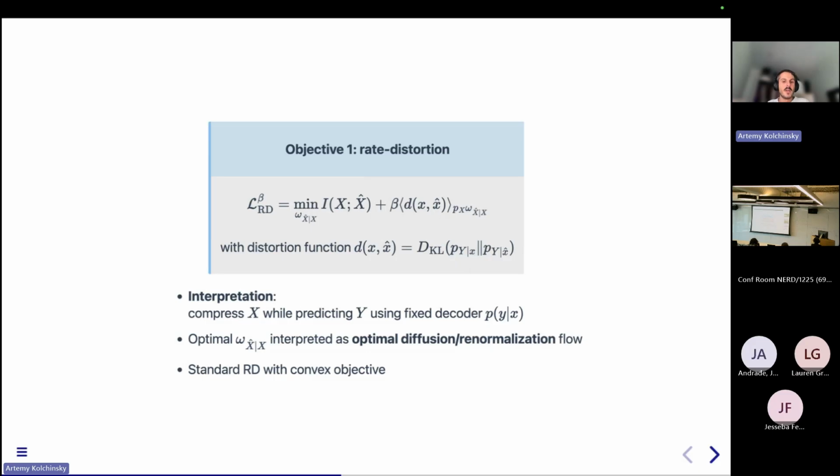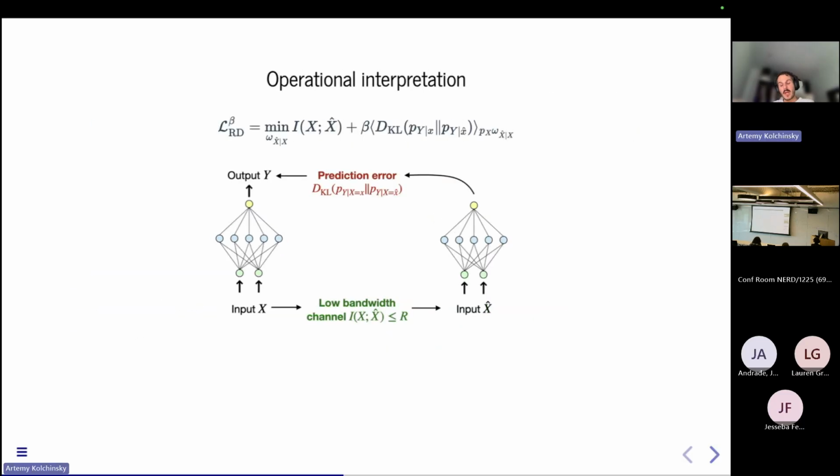So maybe the optimal way to do this will have to be informed by some kind of operational setting about how we're thinking about the prediction. And let me give you one way to think about this operational setting: we can think of this objective in terms of two coupled neural networks.